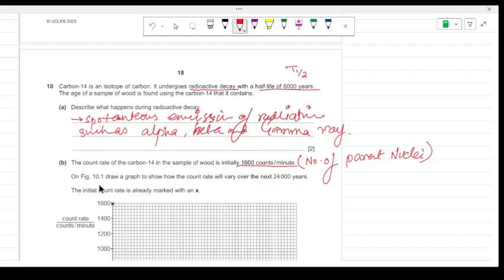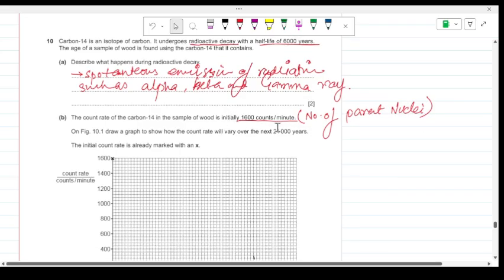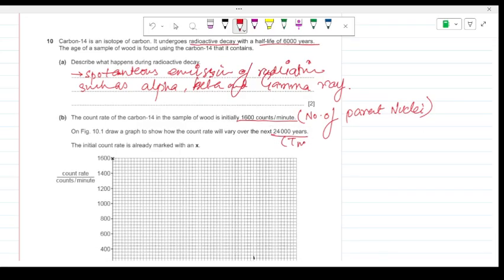On graph 10.1, draw a graph to show how the count rate will vary over 24,000 years. So we have the time duration for the sample. The initial count rate is marked with X. So we initially start from 1600 counts per minute.